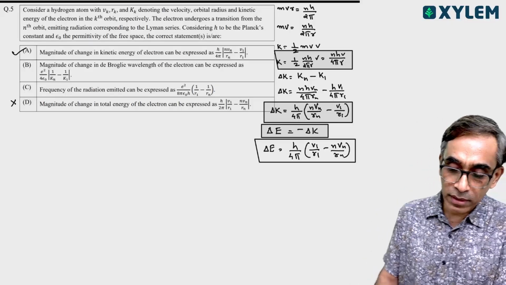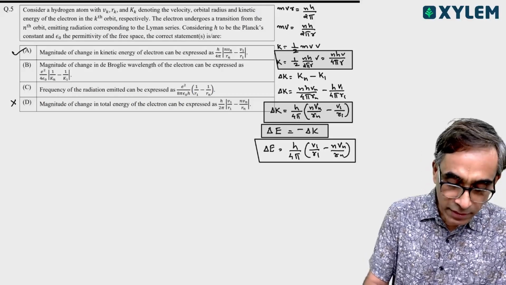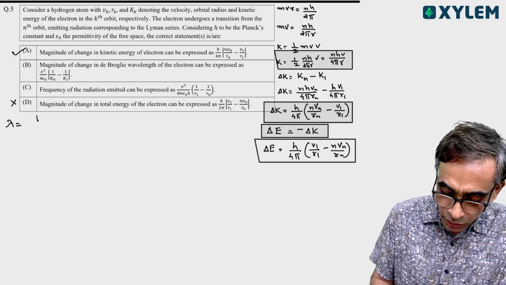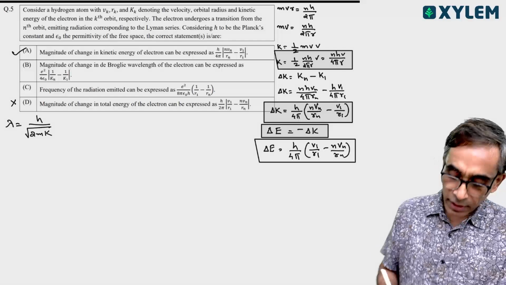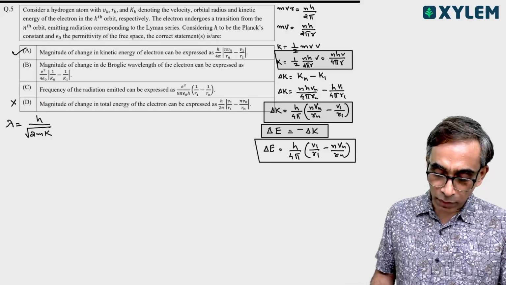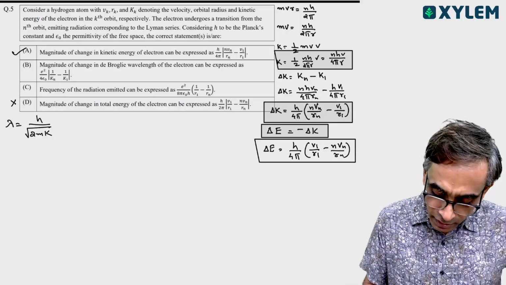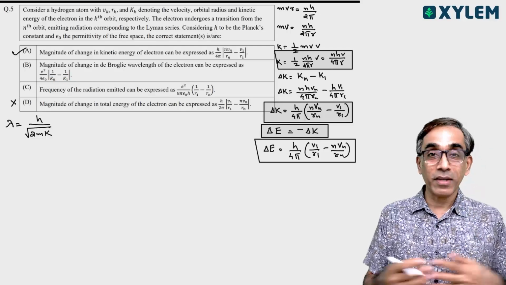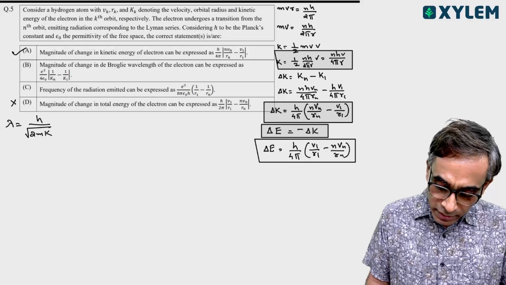De Broglie wavelength is written as lambda equal to h divided by root of 2m into kinetic energy. Okay, that is the equation for de Broglie wavelength. But in the equation given, we don't see that. Instead of that, there is kinetic energy. Kn and K1 are kinetic energy, but in our equation it is the root of kinetic energy. So we need to change this one.